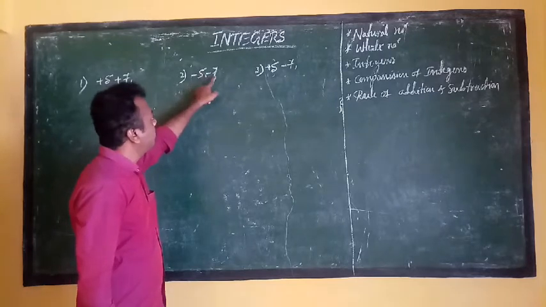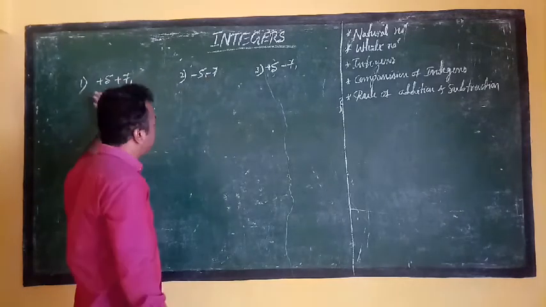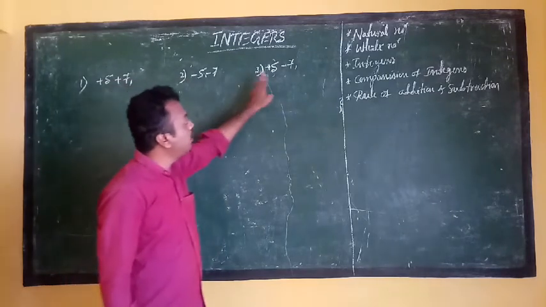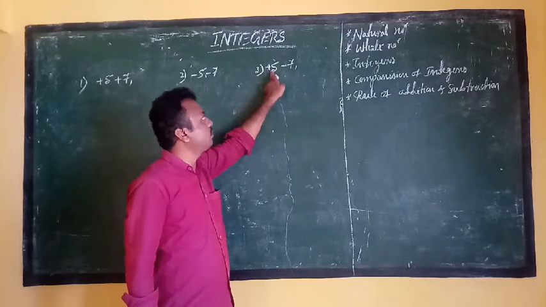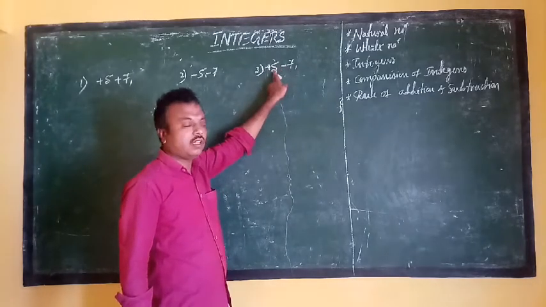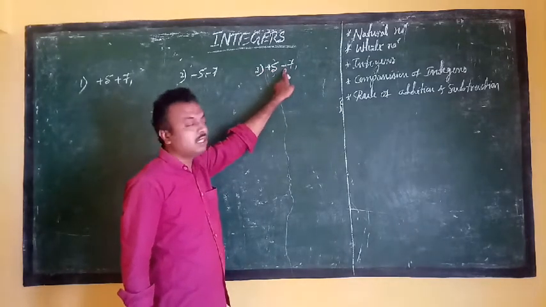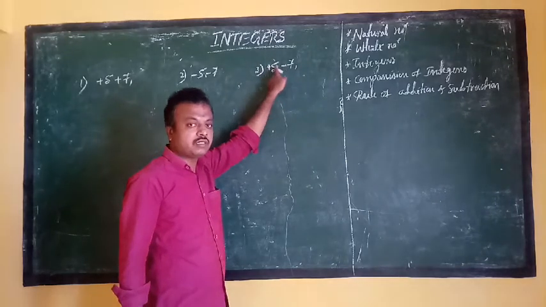Therefore, these two numbers have the same sign. Correct? In the second example, 5 has a negative sign, 7 also has a negative sign. Therefore, here also same sign. But in this third example, one has a positive sign and the second one has a negative sign. 5 has positive, 7 is negative.